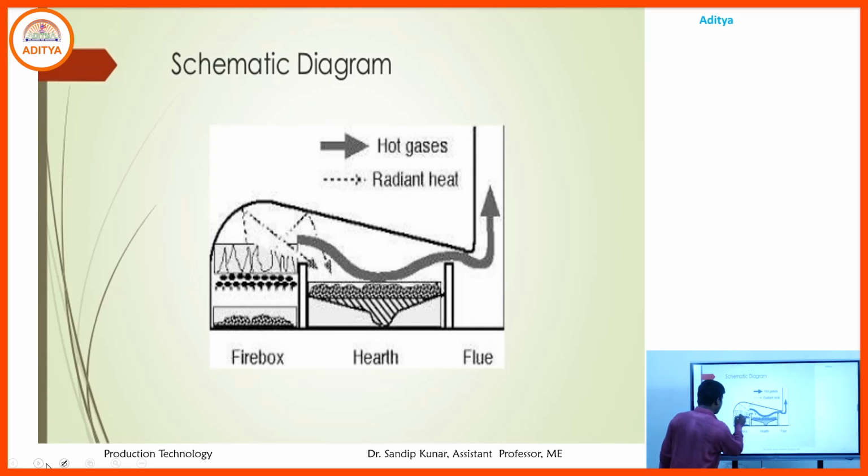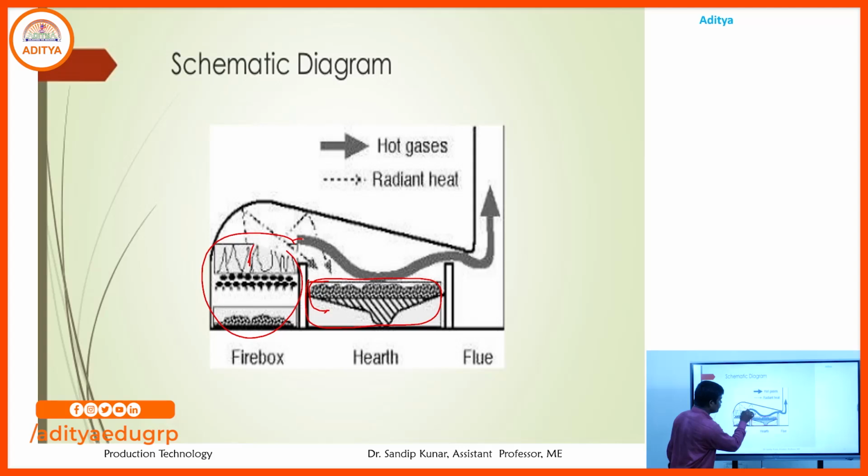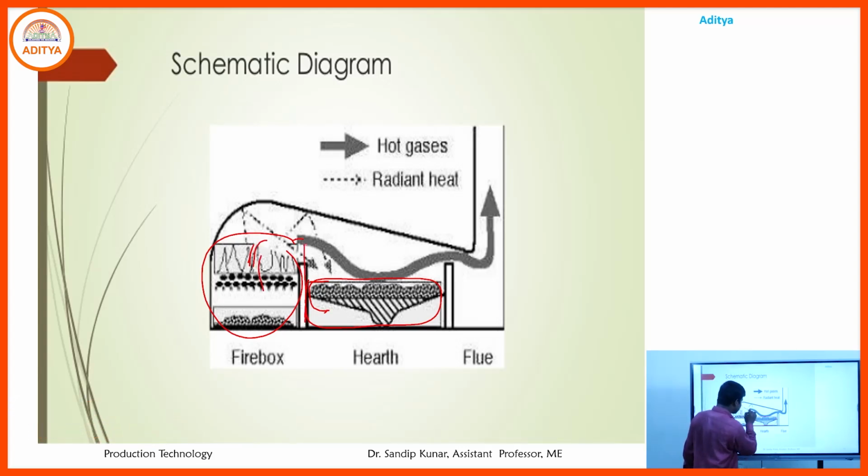That is the firebox chamber, where fuel or coke is used to generate heat, meaning a flame is produced. In another chamber we keep the metal scrap, and due to burning of the coke or fuel, hot gases or flue gases are generated. Those flue gases flow through to the other chamber, that is the hearth chamber, where the metal scrap is kept.